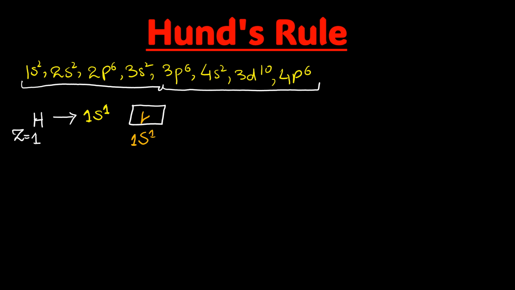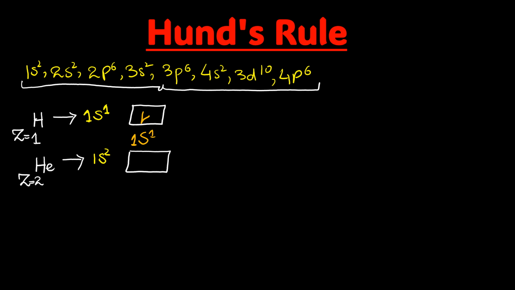Similarly, in case of the electronic configuration for helium, as you know, the atomic number of helium is 2. So the electronic configuration for the helium atom will be 1s2. So the s orbital will occupy 2 electrons.